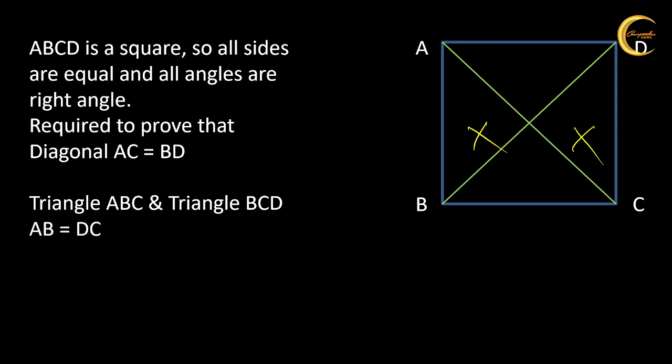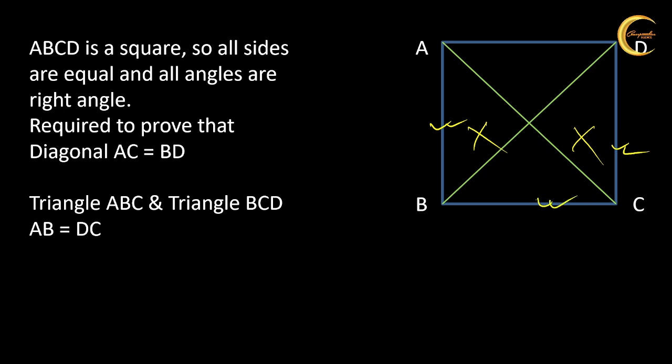Now you see AB equals DC because all sides of the square are equal, and this line BC is a common line for these two triangles.